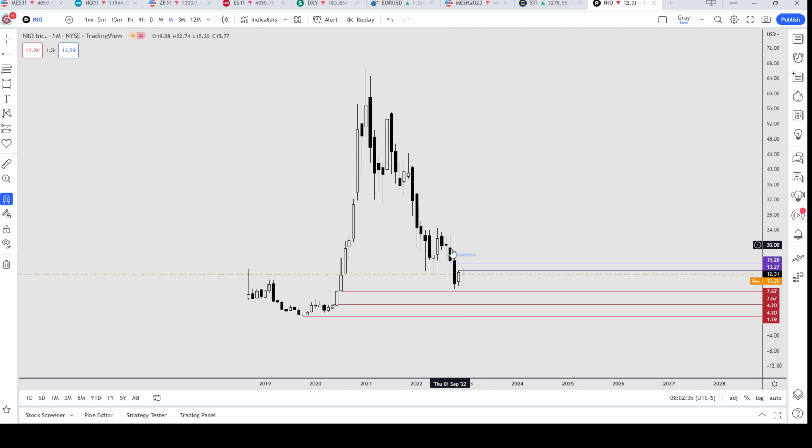Okay, does it want to run these highs? I'm not too sure, but it's possible. So yeah, as long as this gap gets filled, then I'm thinking maybe we're going to reach into this gap over here, or maybe even this, right?